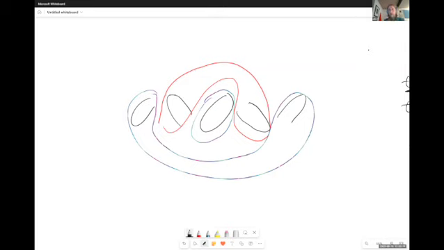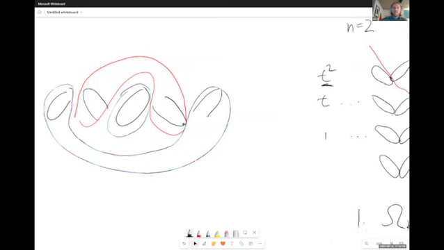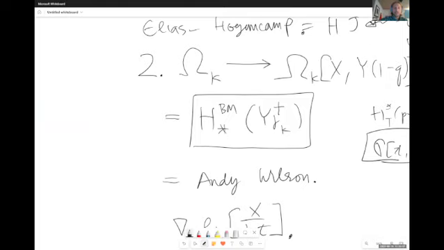For instance, the middle one is just a CP1, a simple Hessenberg variety with a trivial path. The next one is two copies of C, a disjoint union of C and C, which you can think of as a rank 1 vector bundle over two distinct points. The rest of the factors are all just two distinct points, the other type of Hessenberg variety, with a one-dimensional vector bundle over those. And so that paving corresponds to this disjoint union, and that disjoint union is what gives you this expansion.